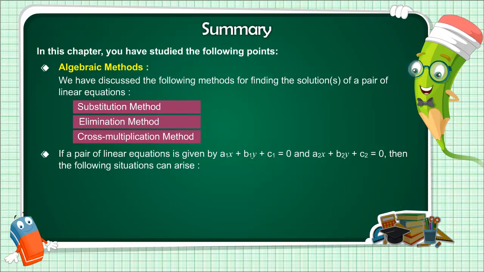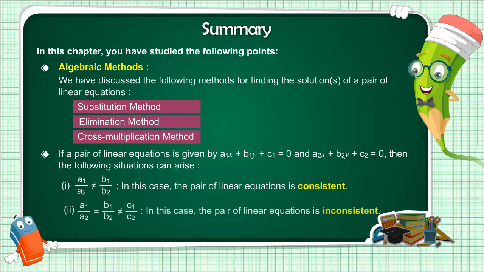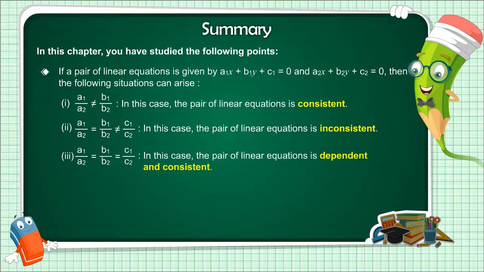If a pair of linear equations is given by a1x plus b1y plus c1 equals 0 and a2x plus b2y plus c2 equals 0, then the following situations can arise. a1 by a2 is not equal to b1 by b2: in this case, the pair of linear equations is consistent. a1 by a2 is equal to b1 by b2 is not equal to c1 by c2: in this case, the pair of linear equations is inconsistent. a1 by a2 is equal to b1 by b2 is equal to c1 by c2: in this case, the pair of linear equations is dependent and consistent.